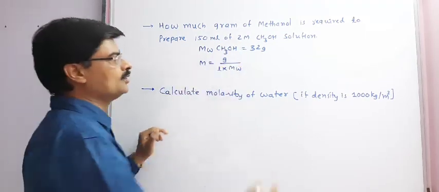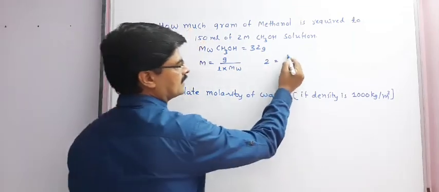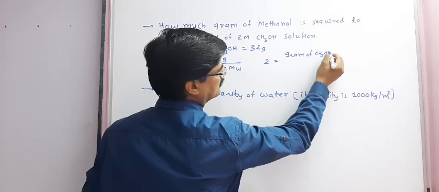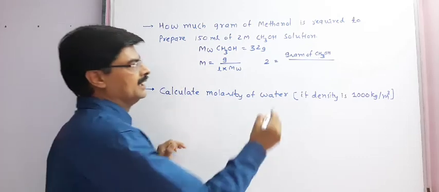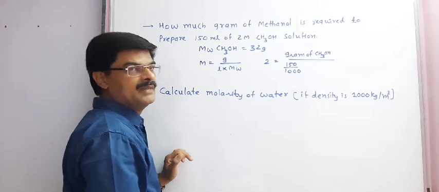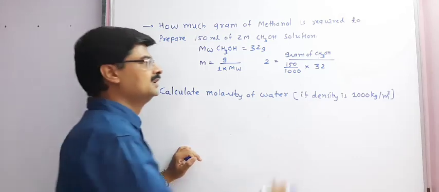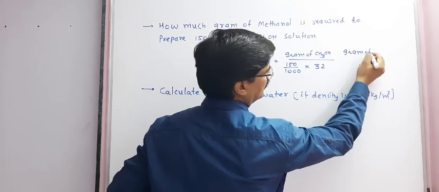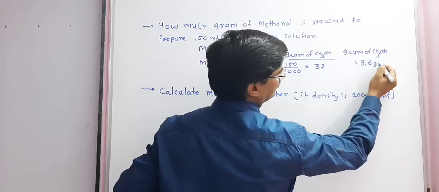Since molarity is provided as 2, therefore 2 is equal to grams of methanol, which is asked, divided by liters. 150 ml converted to liters, so 150 divided by 1000, into molar mass of methanol, 32 gram. On solving this, we will get grams of methanol is equal to 9.6 gram.